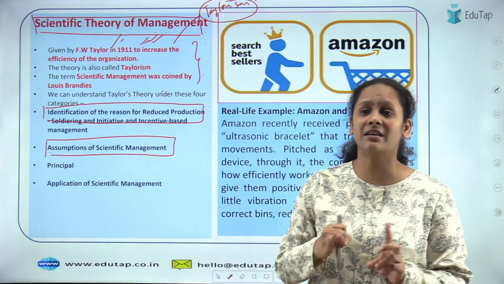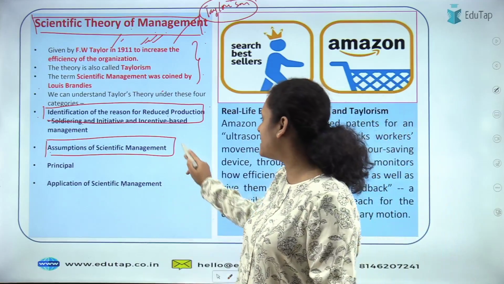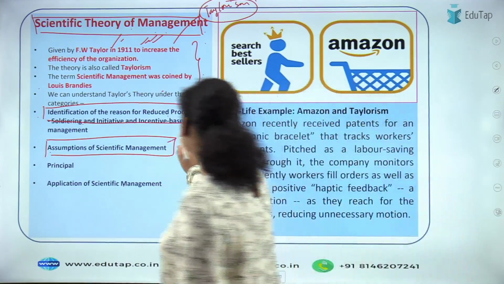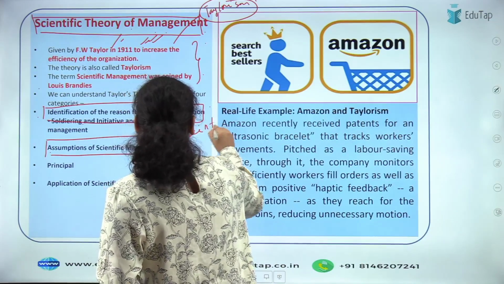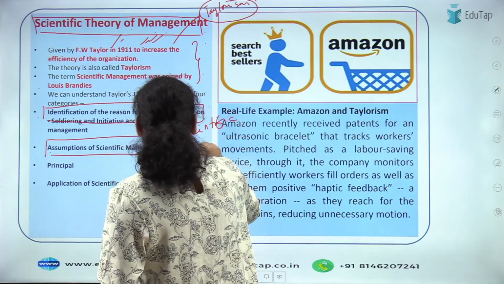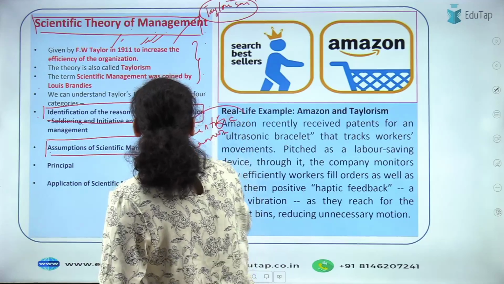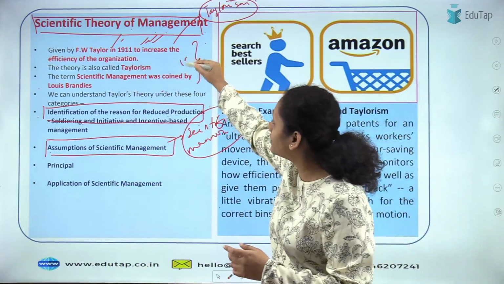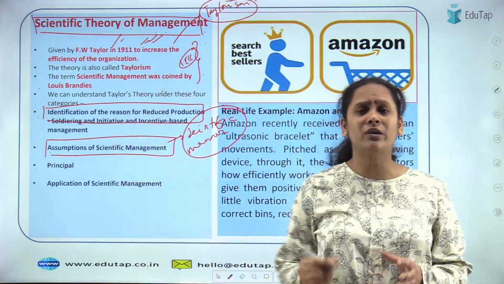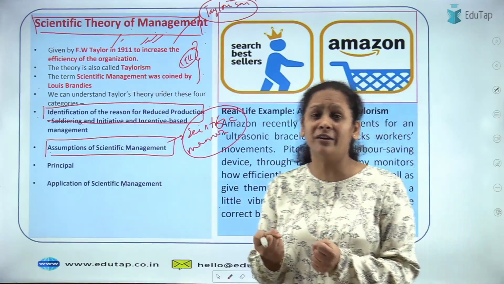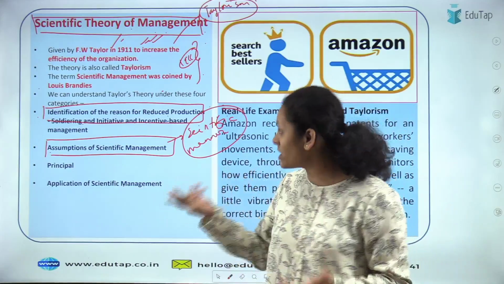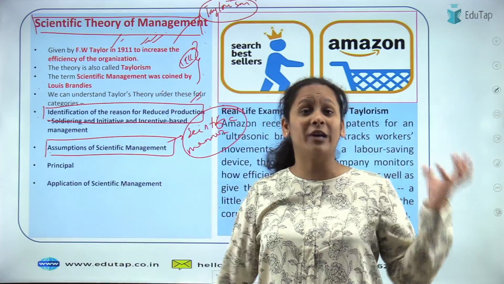The first basic assumption was that any task should be carried out in a scientific manner. What do I mean by a scientific manner? In older times, during 1911, people used to carry out things in a very haphazard manner. As in, there was no set rule to carry out any given task, which, as I said, hindered the overall production level.